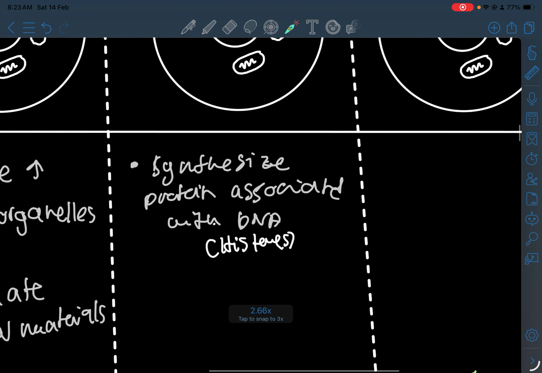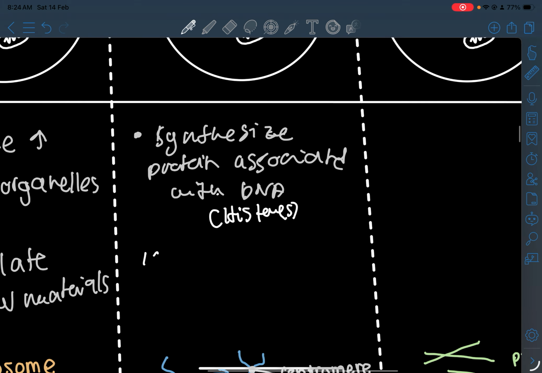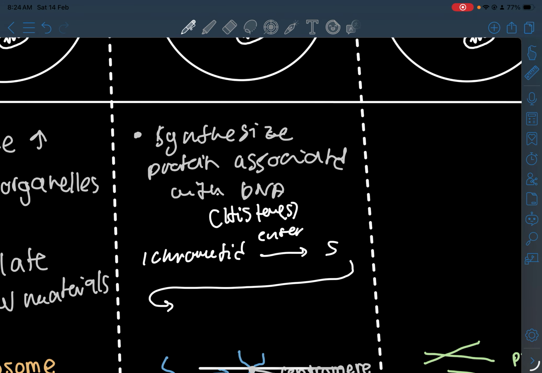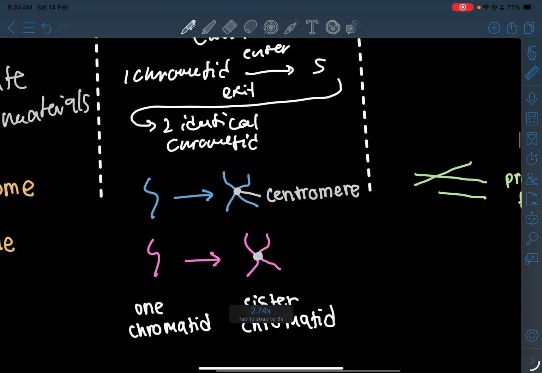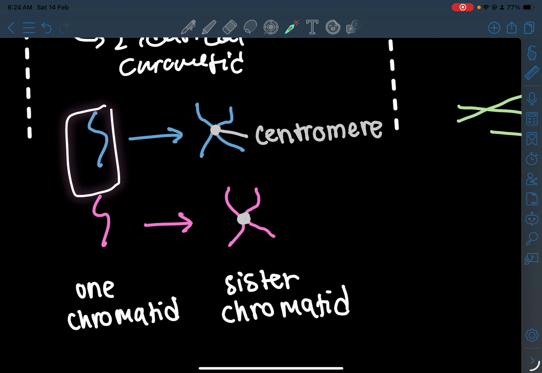Now, on to the second point during S phase, the replication of DNA. One chromatid enters the S phase, and two identical chromatids will exit the phase. So you can see, notice there is only one chromatid.